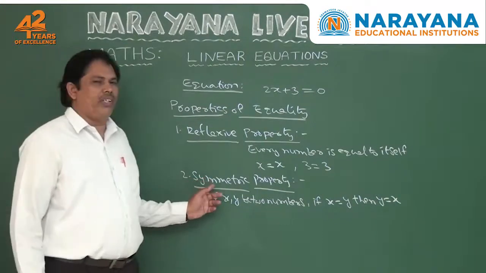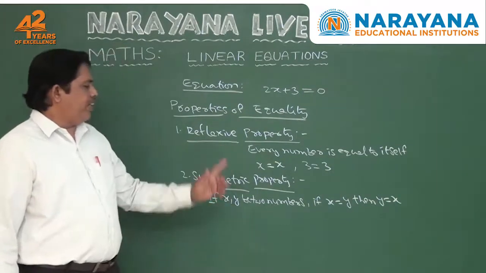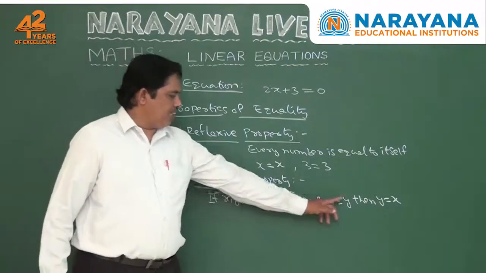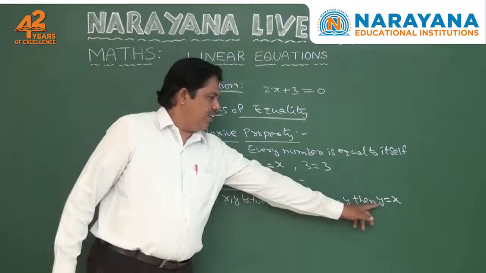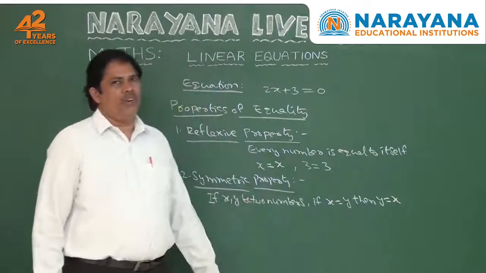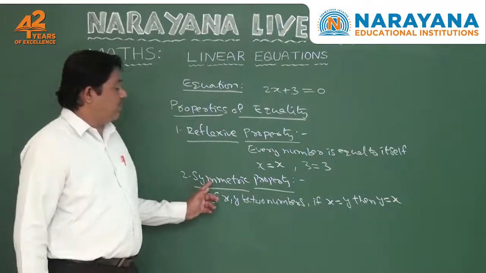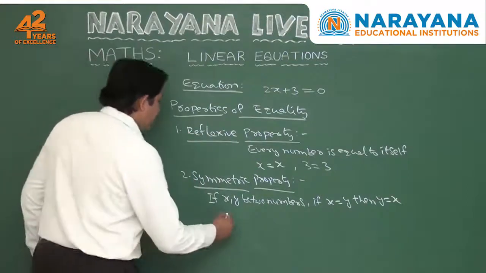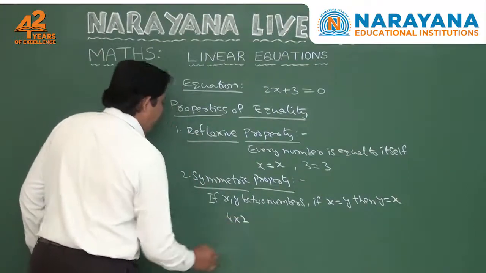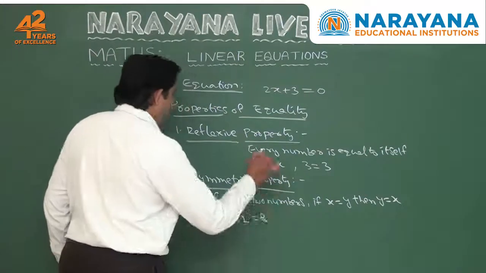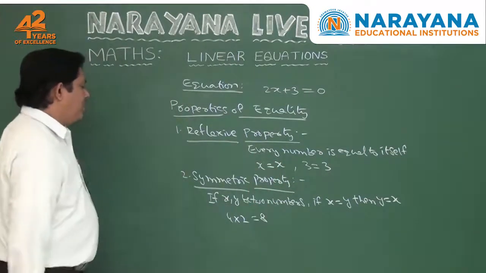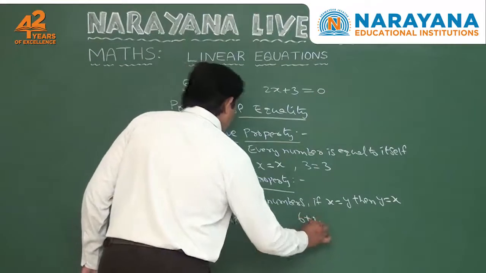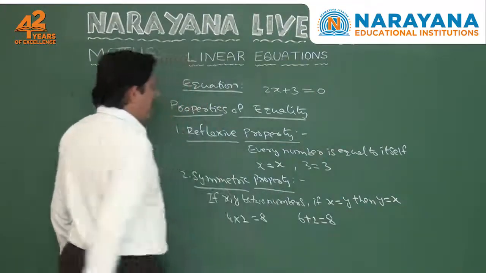This property is called the symmetric property. For example, we know very well that 4 into 2 is equal to 8, and also 6 plus 2 is equal to 8.